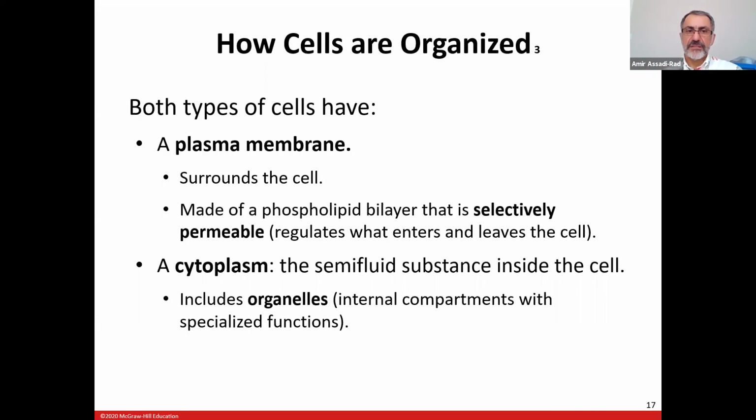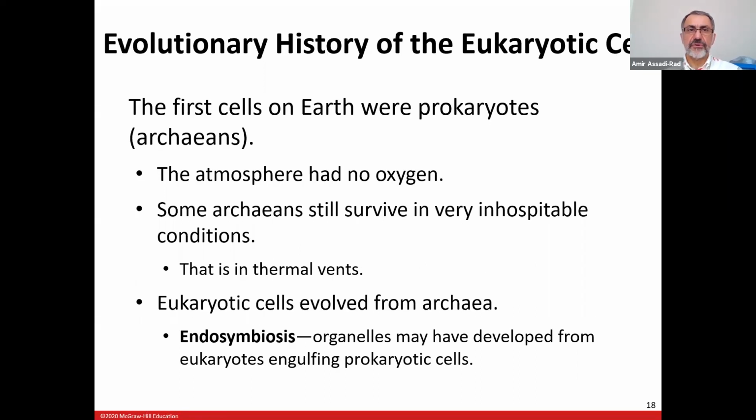Of course, the prokaryotic cells do not have organelles. It's only eukaryotes that have organelles. The first cells on Earth were prokaryotes, and then there was endosymbiosis, which means the eukaryotic cells engulfed a bacteria, and then it became mitochondria, or they became a chloroplast.